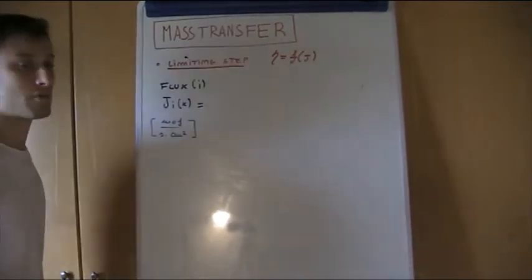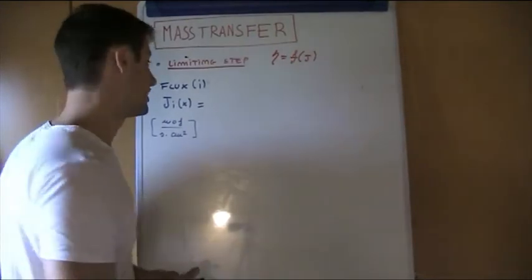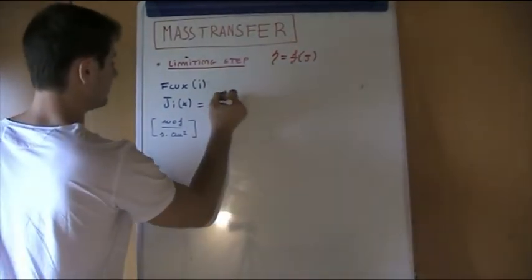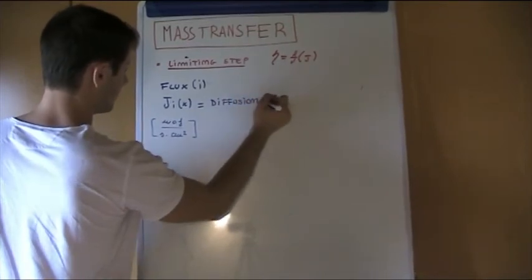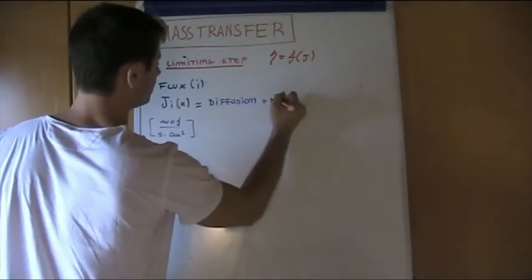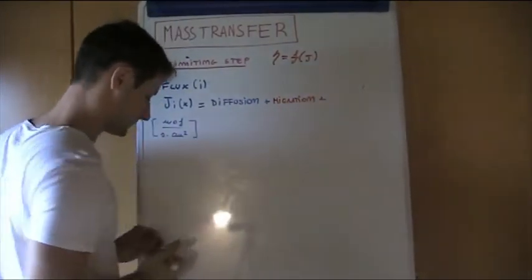It's basically the sum of three contributions, respectively the diffusion, plus the migration, plus the convection.